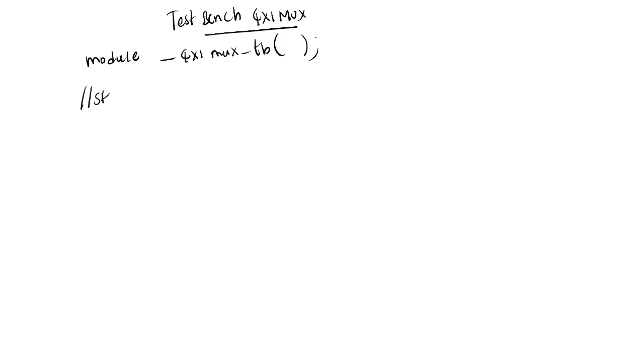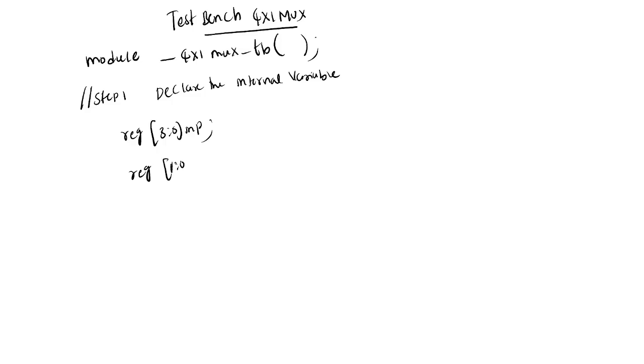Step 1. What is step 1? You need to declare the internal variables. Same process. Declare the internal variables. Okay, so what are the internal variables? The inputs for the testbench are initialized with reg data type. Reg 3 down to 0 inp, and next reg 1 down to 0 for the select. Wire y.